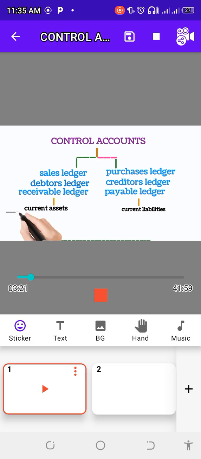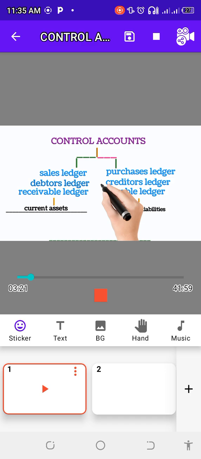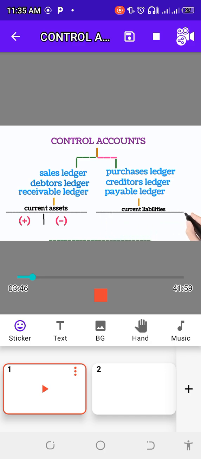We are going to take a look at all items that will cause an increase, recorded on the debit side, and all items that will cause a decrease, recorded on the credit side of the sales ledger control account.